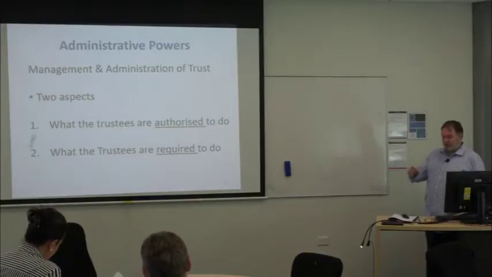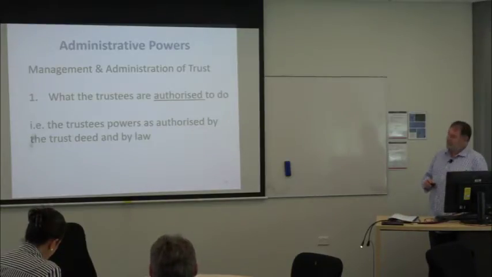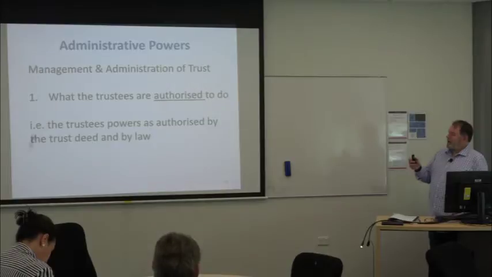Quite separate and distinct concepts. What the trustees are required to do is basically what they have to do under the trust deed and by law. Any guess as to what those mandatory things might be?